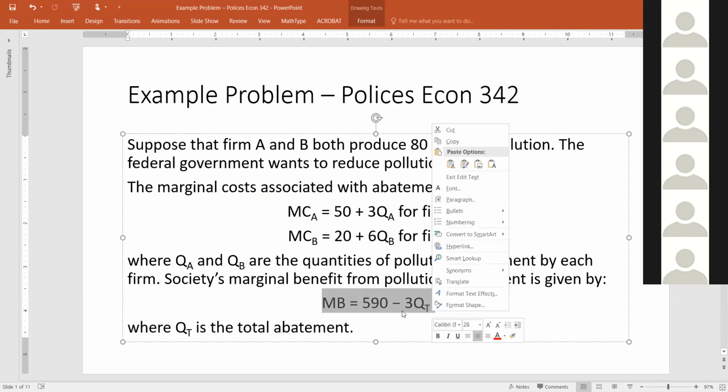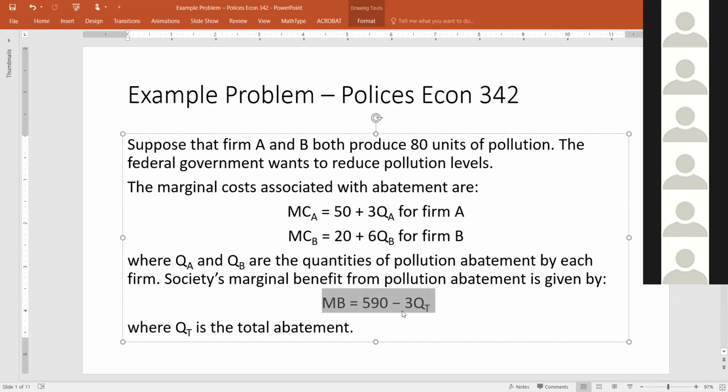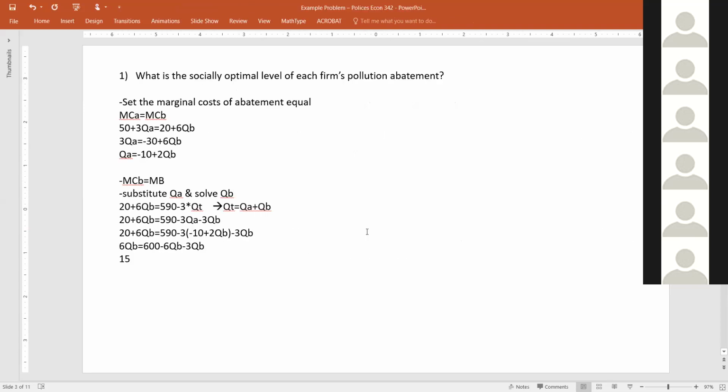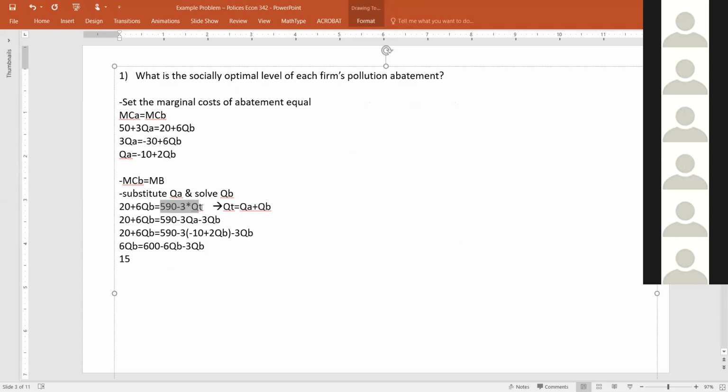So the pollution abated for society is just the pollution abated by the two firms. 3QT, QT is total abatement, which means it's abatement from firm A and abatement from firm B. So here we have just that same marginal benefit curve, 590 minus 3QT. But QT, total abatement, is abatement from QA and QB.